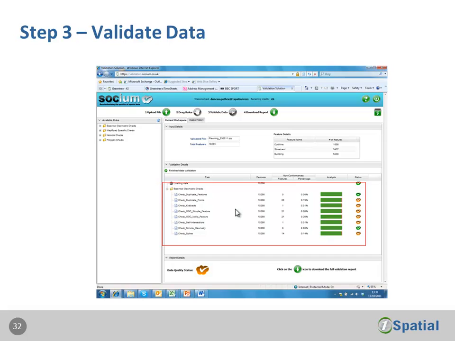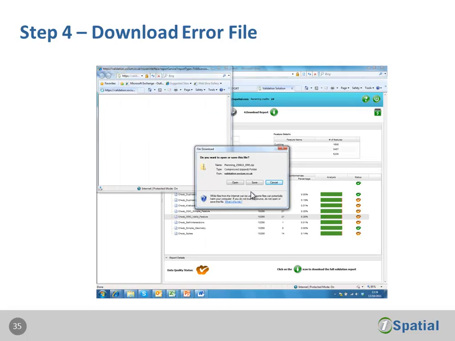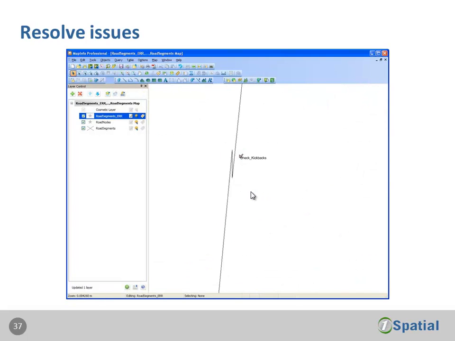We also have available a series of rules that we can drag and drop into the workflow, and once we've done that we can then validate our data, and you'll get back essentially a type of traffic light report that tells you how conformant your data is to each of the rules that you've run on your individual data set. But the beauty of the system is also that you can download a validation report.